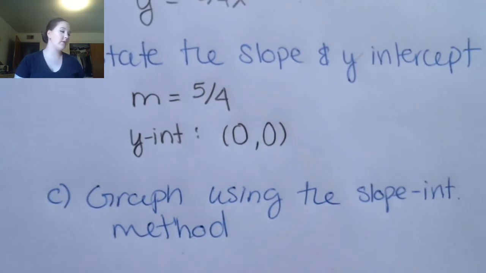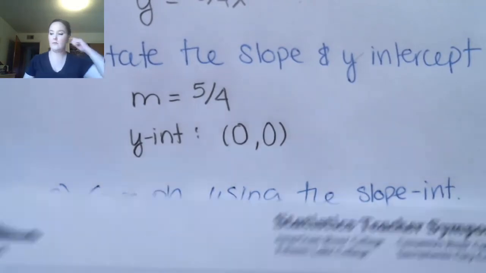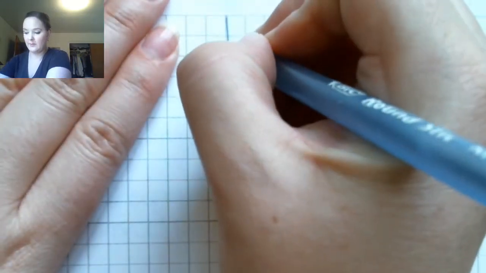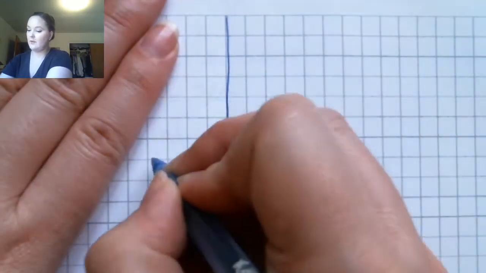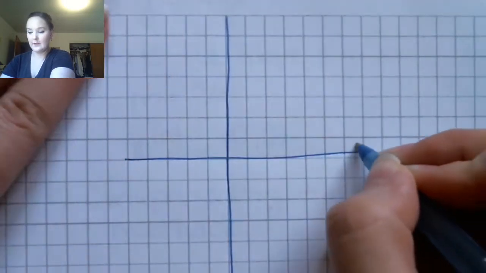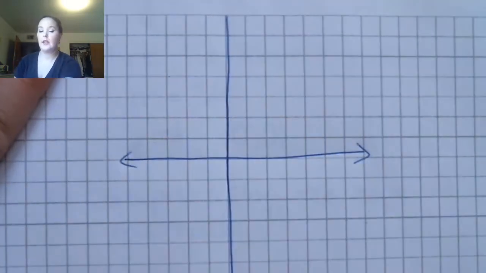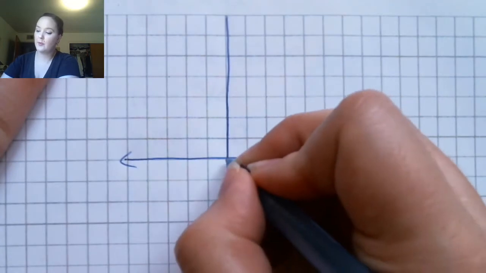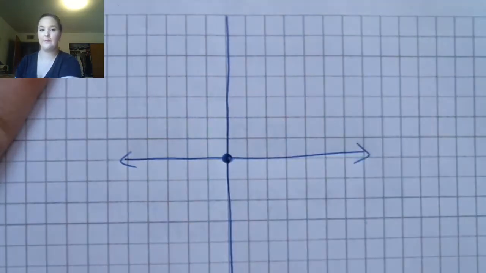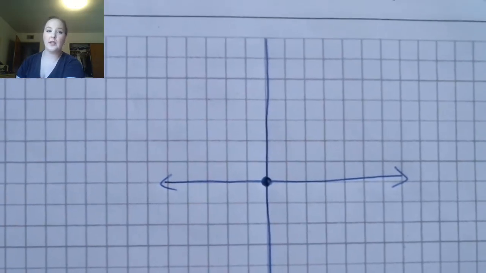Okay, so we're going to grab some graph paper here. Okay, so the slope-intercept method just means you're going to use the slope and the intercept to make your graph. Okay, so the first thing I'm going to do is graph my y-intercept, the point 0, 0. Okay, and then I'm going to use my slope to get the next point.